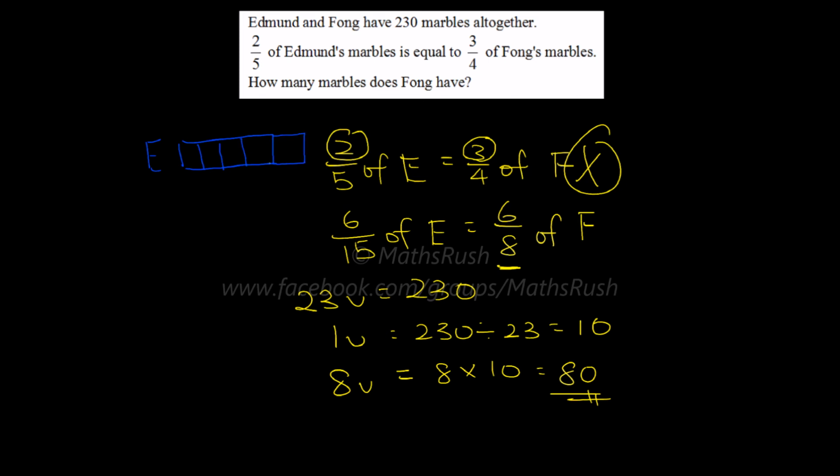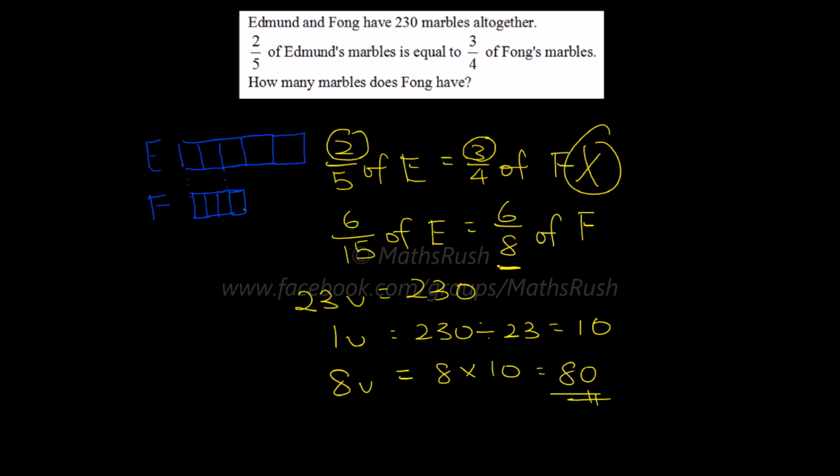It's a bit uneven because we are not robots. For Fong, I need to concentrate on 2 units of Edmund, and then draw 3 units for Fong, and finally draw 1 more unit for Fong because he has 3 out of 4.